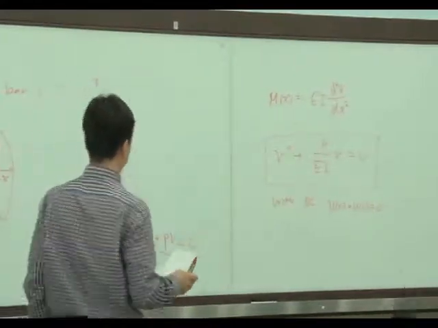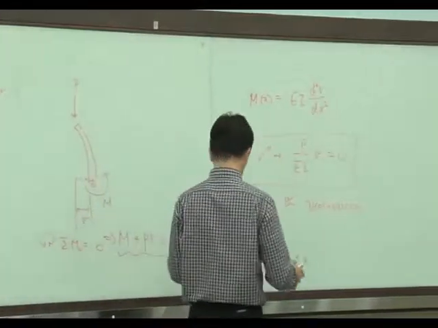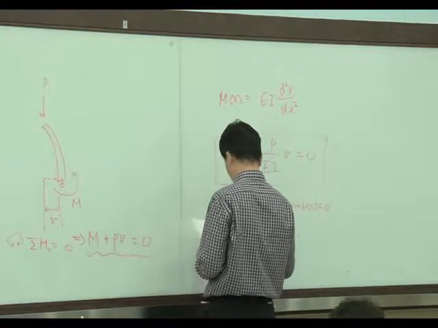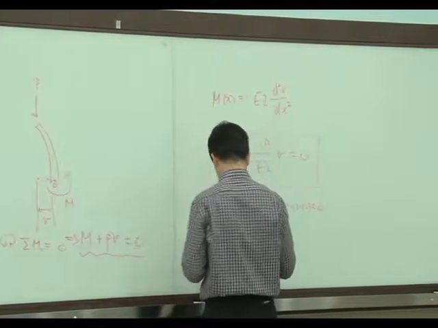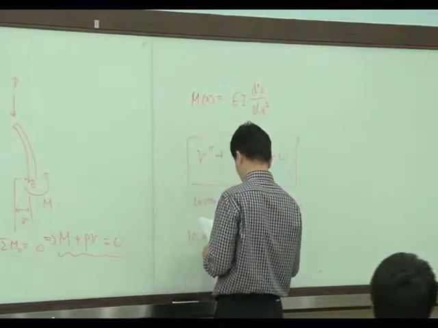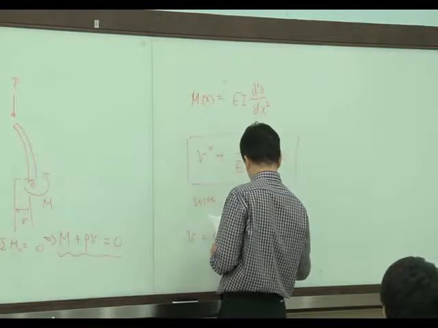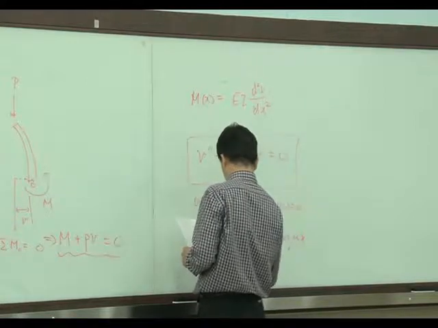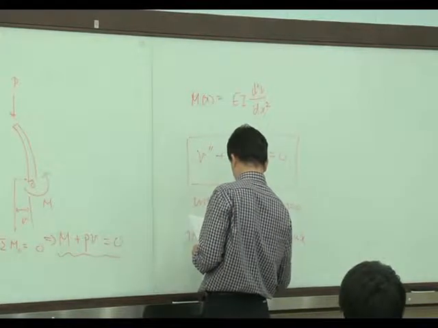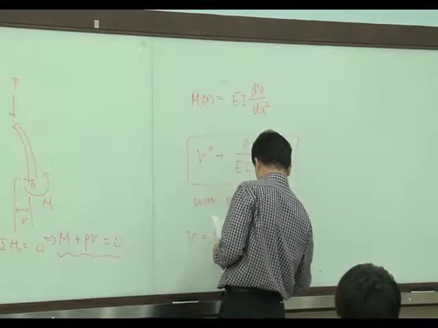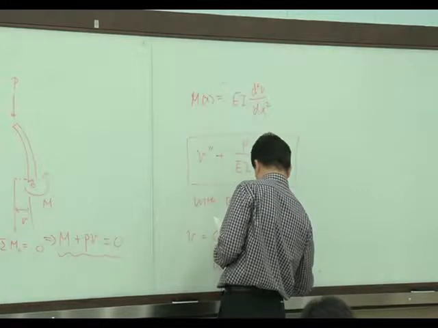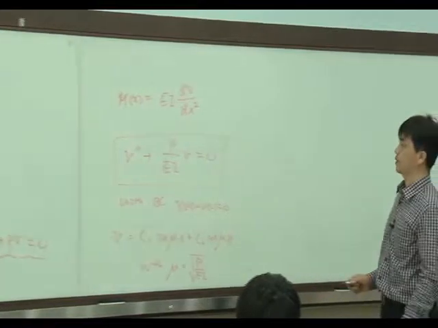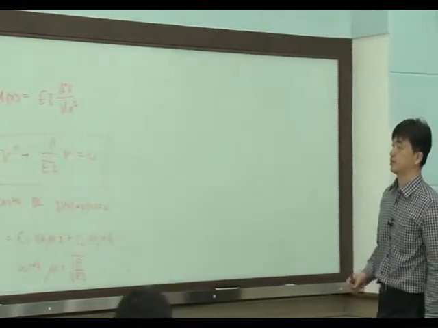And for this ordinary differential equation, the fundamental solution is this. V equals C1 sine mu x plus C2 cosine mu x, with mu equal square root of P over EI. Right? This is the fundamental solution.